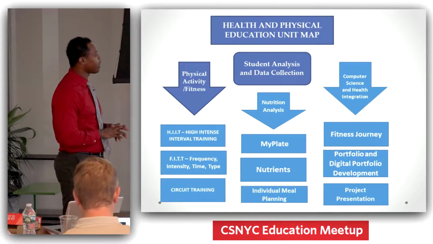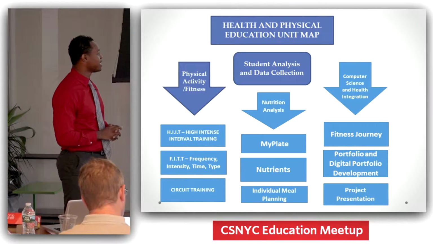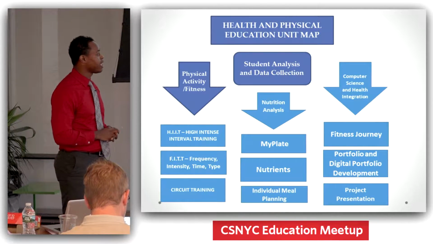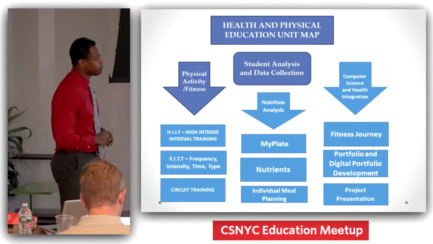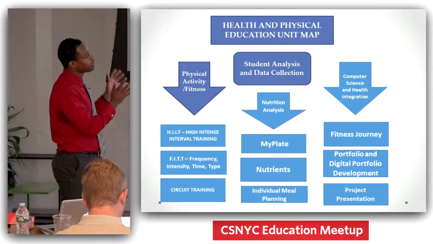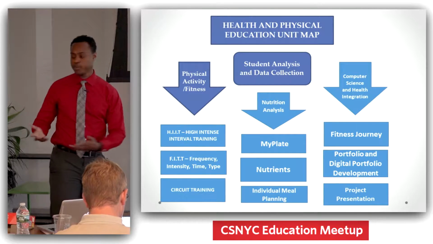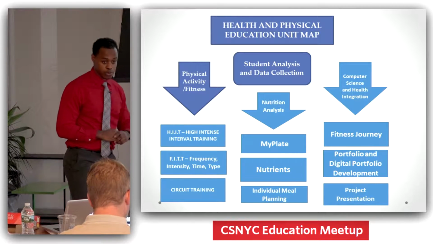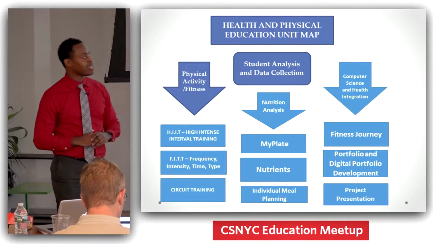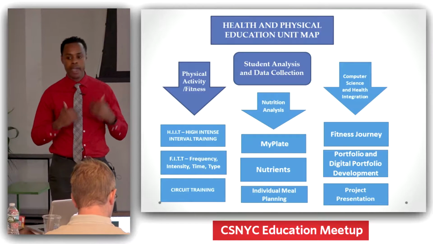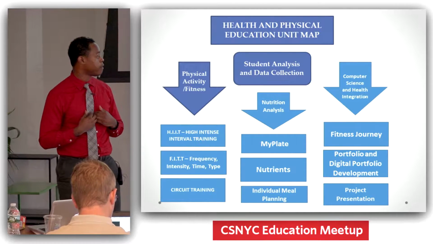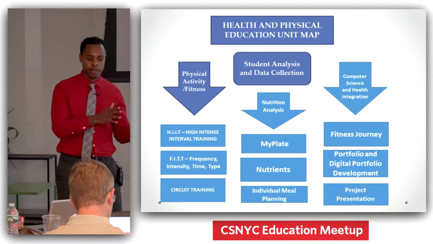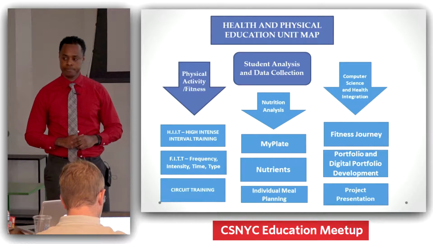So they go through high intensity interval training, frequency, intensity, type circuit training, and they also learn how to individualize their meal planning as well, which then all of that data is contributed into computer science by using their computing skills to analyze, to find problems, to find patterns within their own lifestyle, to then find a solution for that.